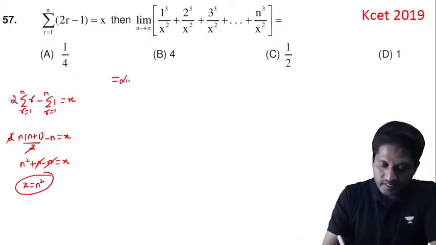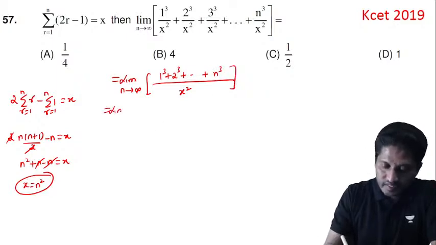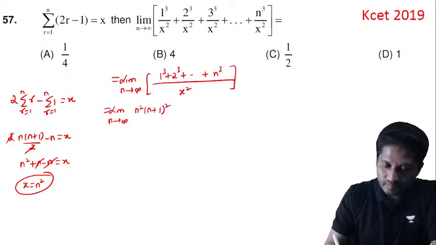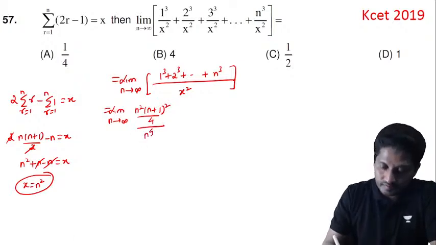This is limit n is tending to infinity. LCM is x square, right? I get 1 cube plus 2 cube and so on up to n cube. Now limit n tends to infinity. 1 cube to n cube is n square into n plus 1 the whole square by 4. x is equal to n square, x square is n power 4.